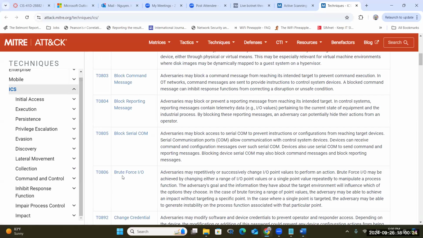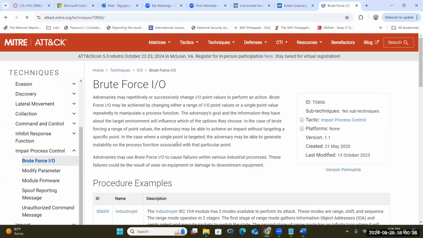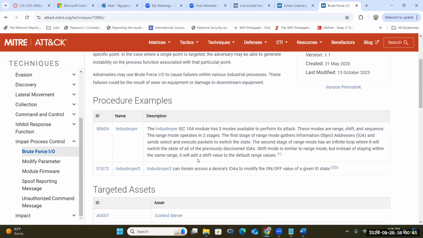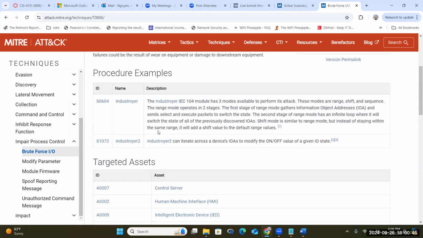So for example, if I click on brute force IO, right? It would tell me, so IO is for input and output, and it would change some kind of function values. So this is an example, right?